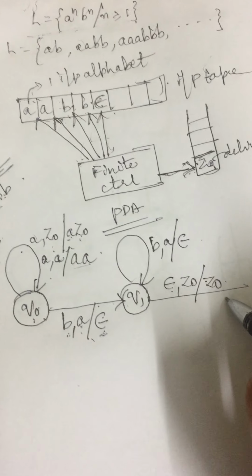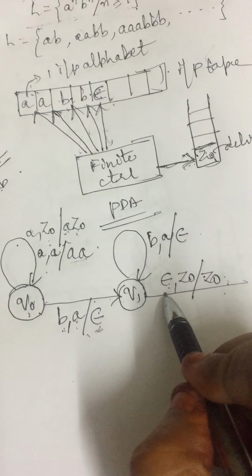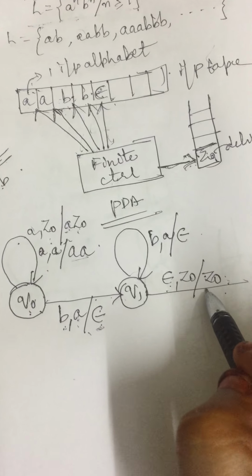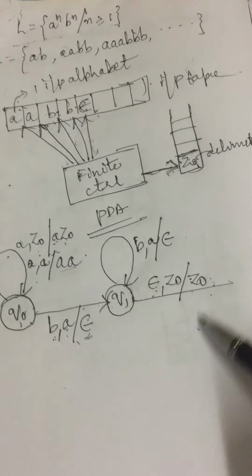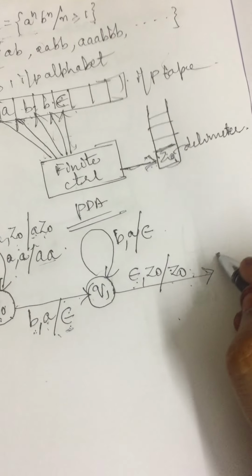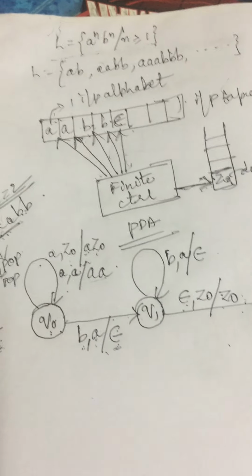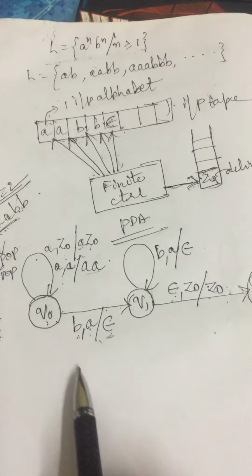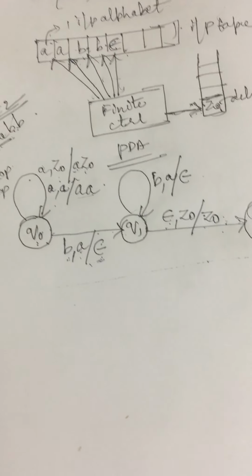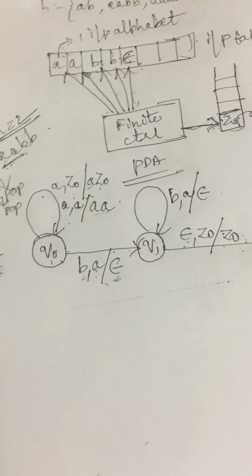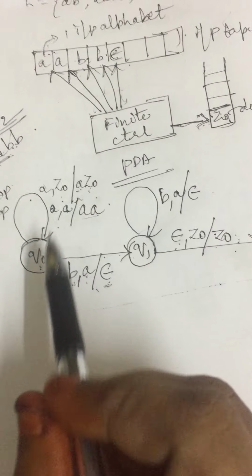So by this we can prove that this language is being accepted by the pushdown automata, and this is the final state. So this is how we represent the transition diagram. And now we are going to write the PDA moves for each transition.